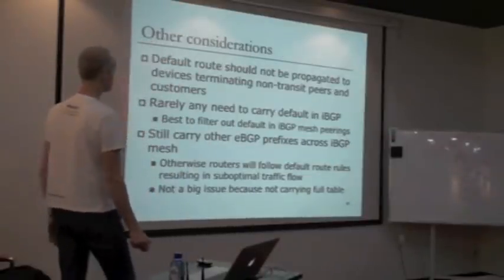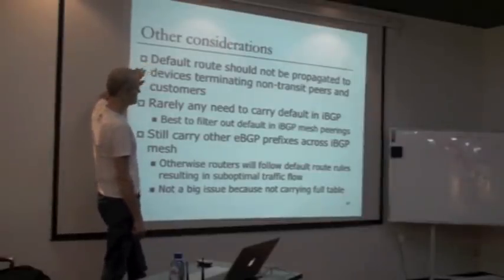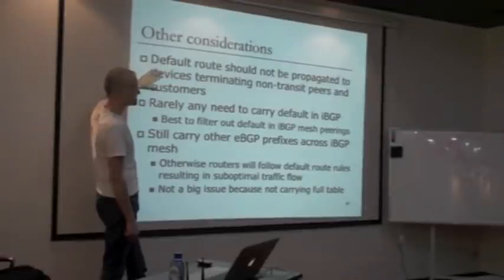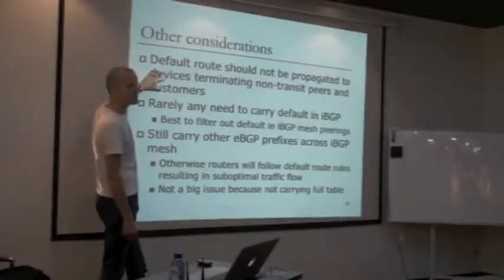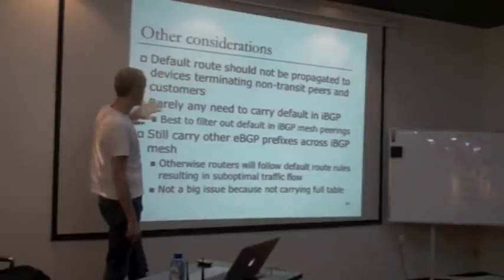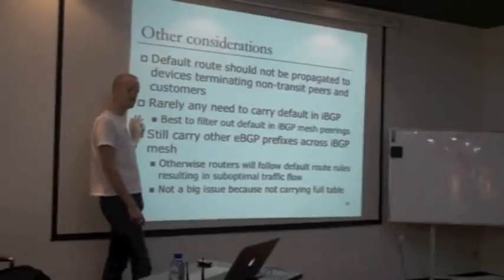Other considerations. Default route should not be propagated to devices terminating non-transit peers. I've said that already. Peering routers, make sure they do not have default, make sure they do not have full BGP table, very important. You rarely need to carry any default in IBGP. I actually filter it out.